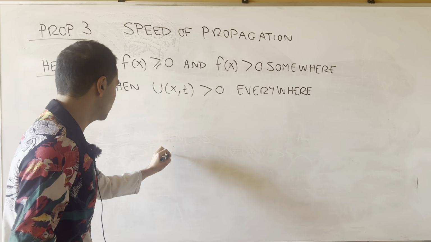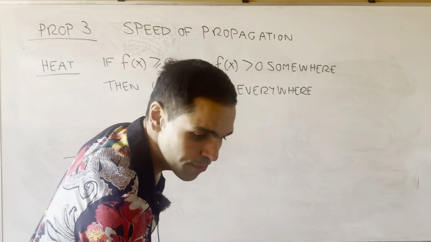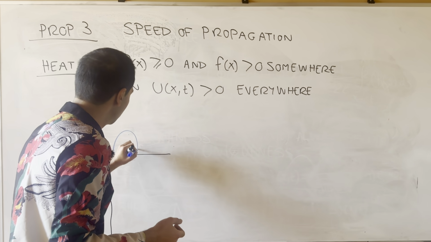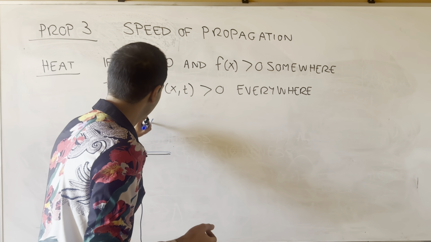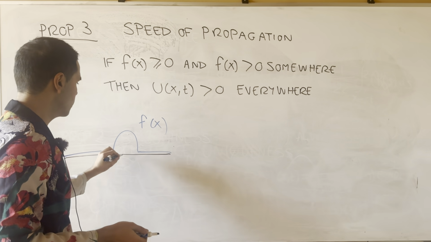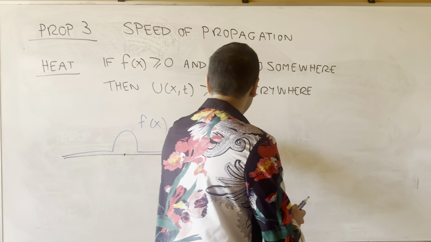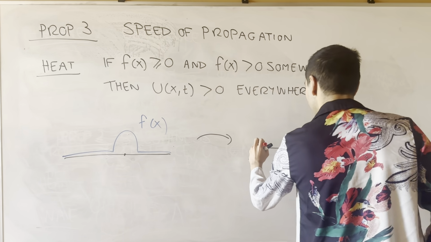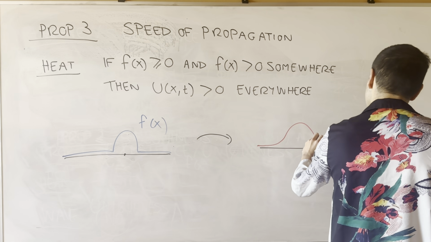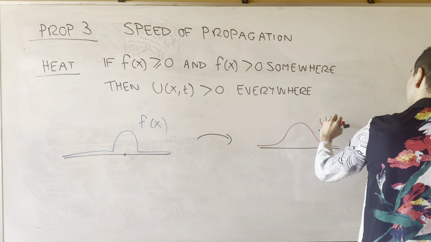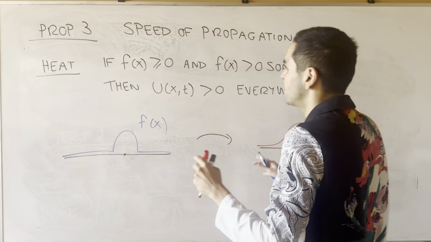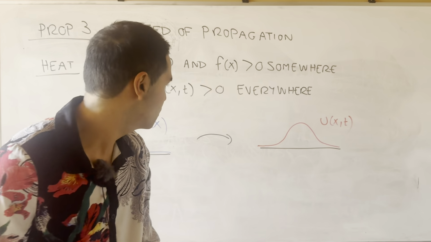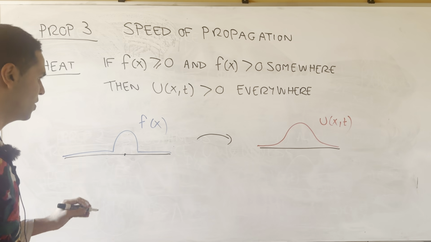So, in other words, what this looks like, if your initial condition f(x) has a little bump here, so here it's positive, then the solution immediately becomes positive. And that's because you're integrating a non-negative function that is positive, so the integral becomes positive.